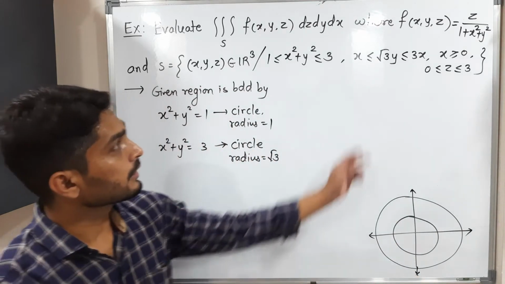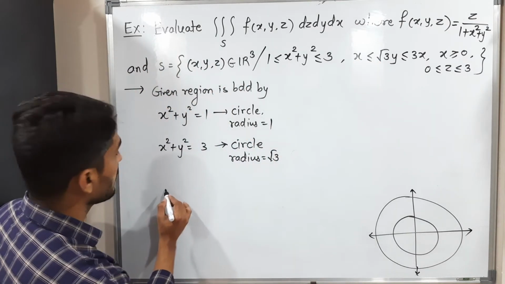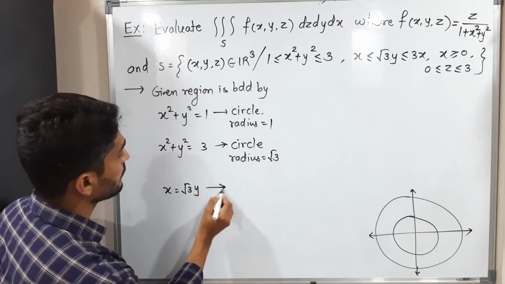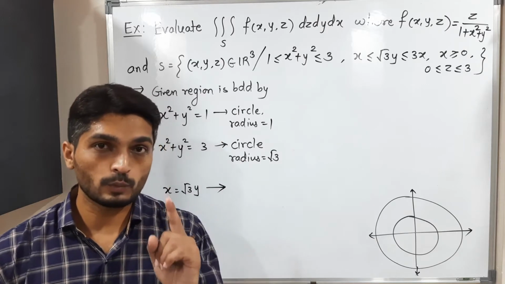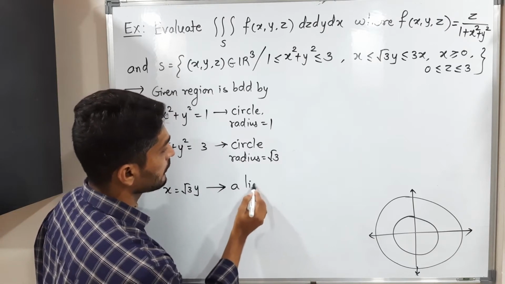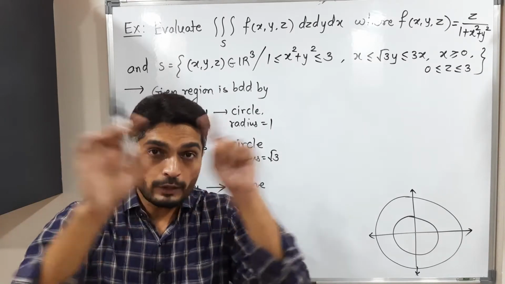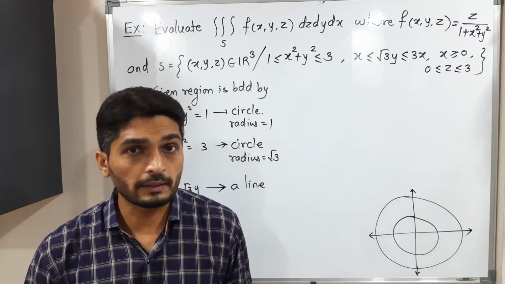Here, if you consider the first one, there is an inequality, but I will consider equality: x is equal to root 3 y. See, it's a line because the power of x is 1 and the power of y is also 1. You remember, no? When we have a line, we draw a table. I will do it directly in my mind and draw the line.